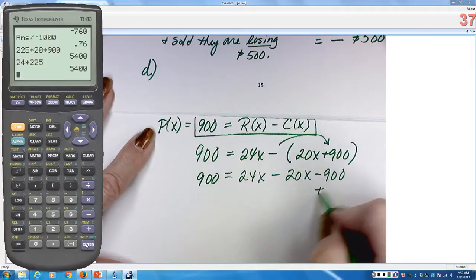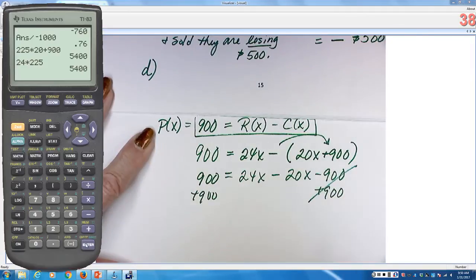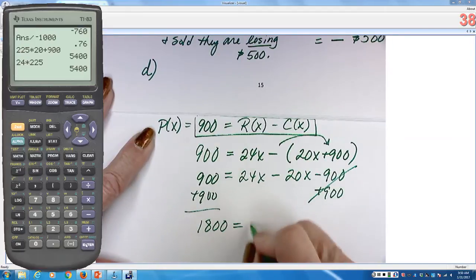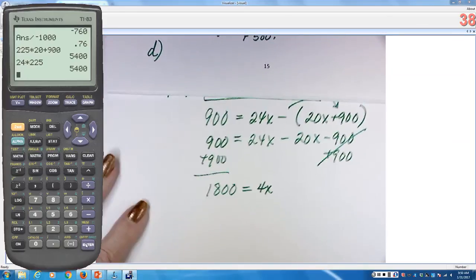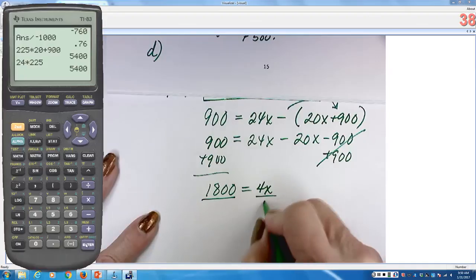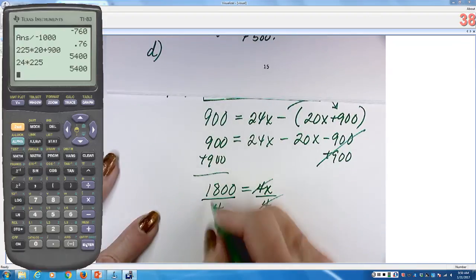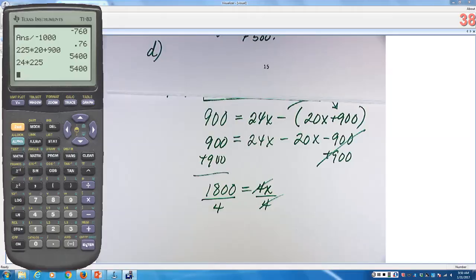So if I add 900 to both sides, I'm rid of that. I have $1,800. And 24x minus 20x is 4x. So if I divide both sides by 4, then x turns out to be 1,800 divided by 4.